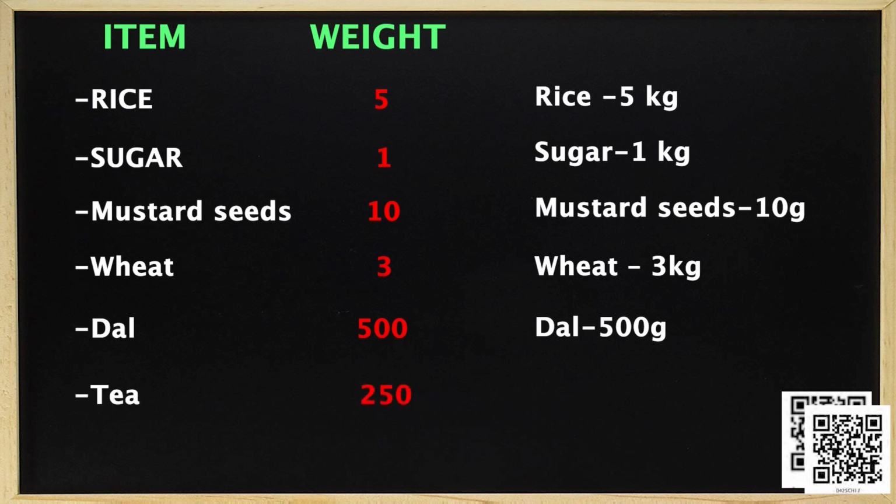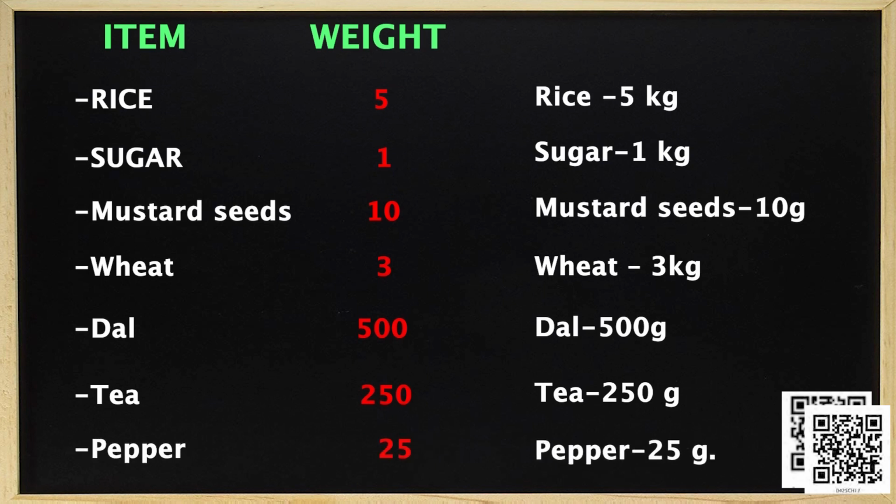Tea 250, they have purchased tea in gram, that is 250 gram. Pepper 25, so they have purchased pepper in gram, that is 25 gram. Dear students, now make a list of things that you purchase in gram and things that you purchase in kilogram.